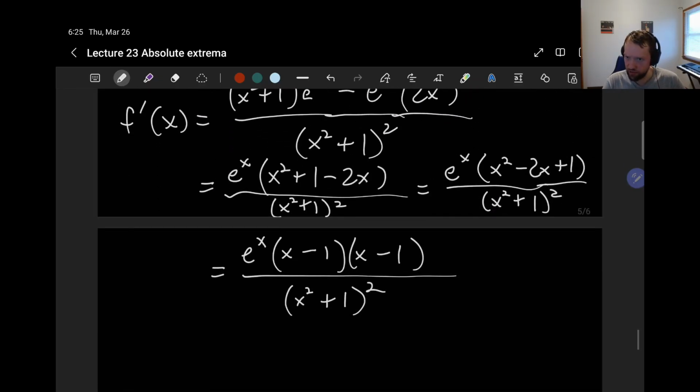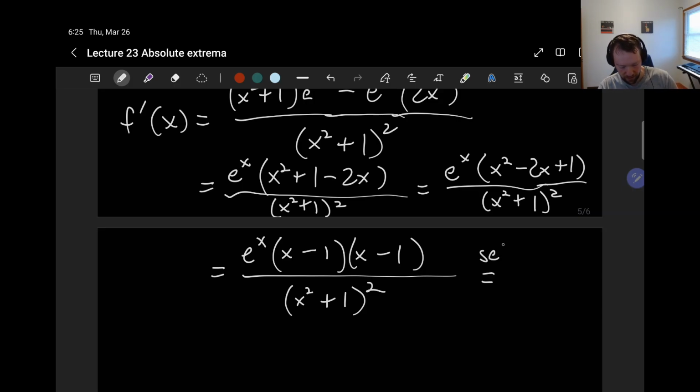Well, is the derivative ever undefined? It might almost look like it because we are dividing by stuff, but again, this will never be 0. And e to the x is also perfectly well behaved. I can plug in any x to that. So that's not an issue here. This is always defined.